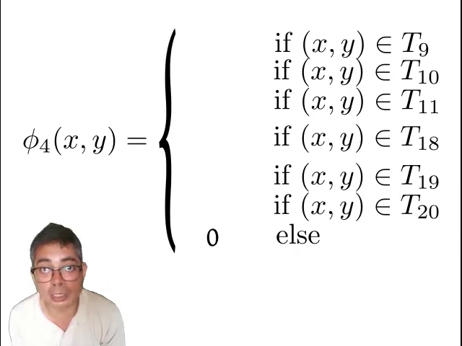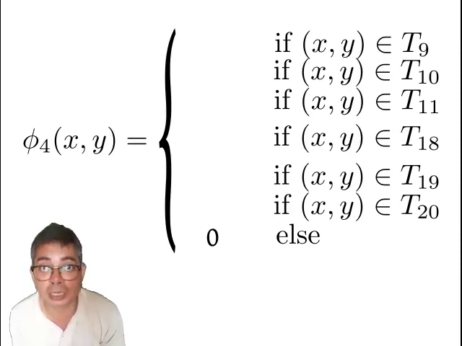Also, when this (x,y) belongs to one of these triangles, it must be a plane. That means it must be of the form alpha plus beta x plus gamma y. Now this alpha, beta and gamma will depend on which triangle it is in and which basis function we are talking about.